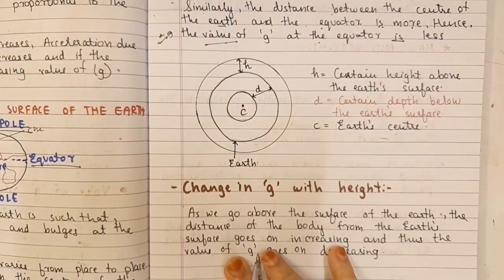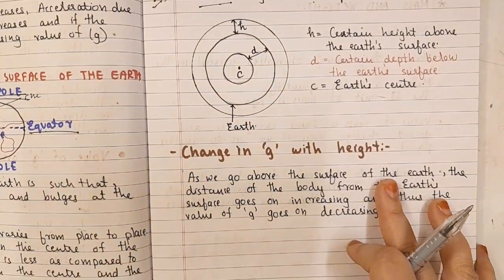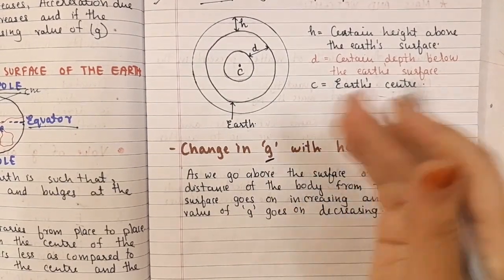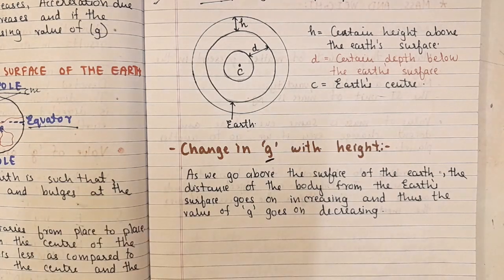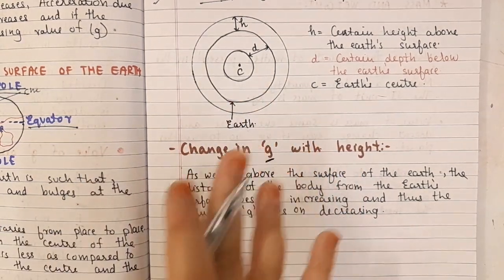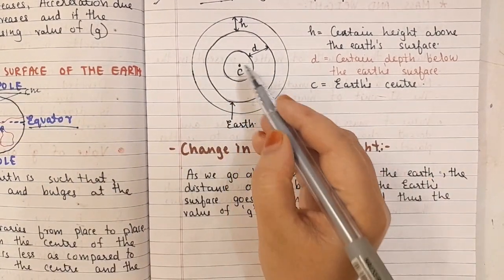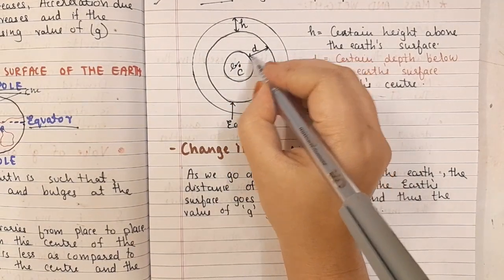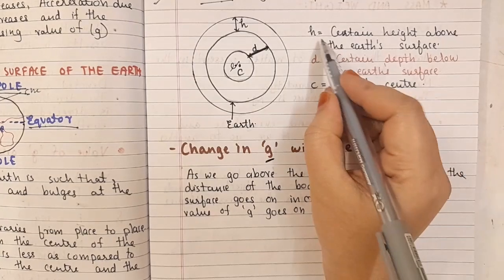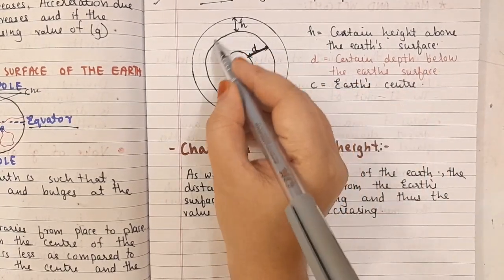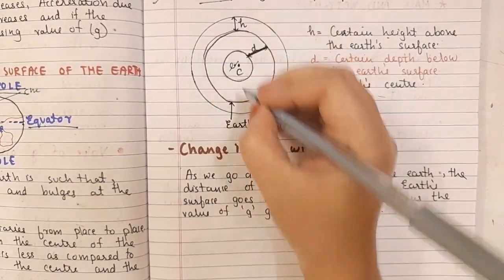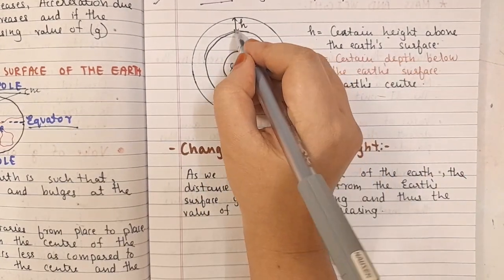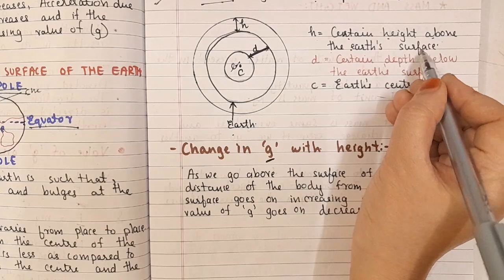Okay, now next is the change in value of g, acceleration due to gravity, with height. That means we are moving away from the surface of the earth, and let's see how the value of g changes. Here this is the earth's surface, and h is a certain height above the earth's surface. And d is a certain depth below the earth's surface.